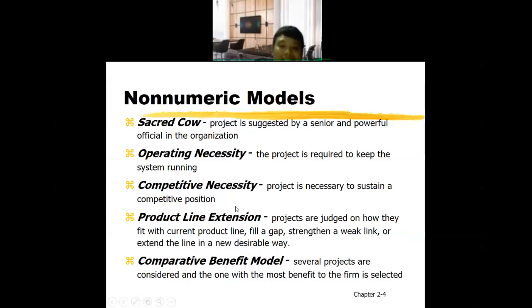Product line extension, where projects are judged on how they fit with the current product line, fill a gap, strengthen a weak link, or extend the line in a new desirable way. And comparative benefit model, where several projects are considered and the one with the most benefit to the firm is selected. This is a non-numeric model.